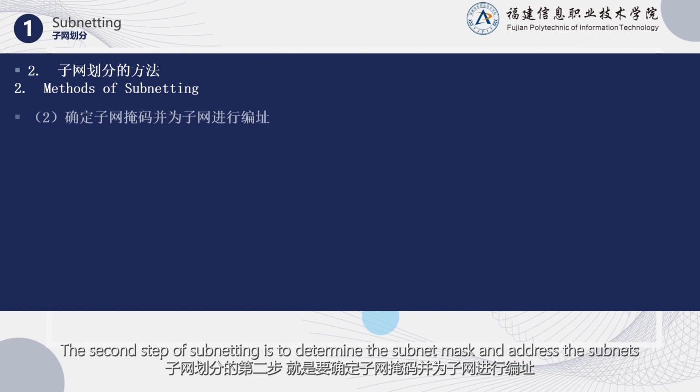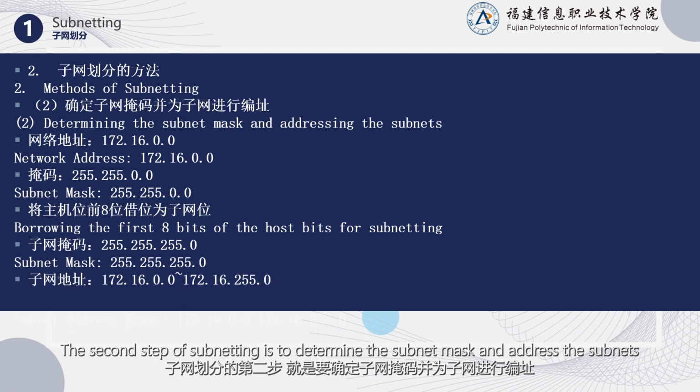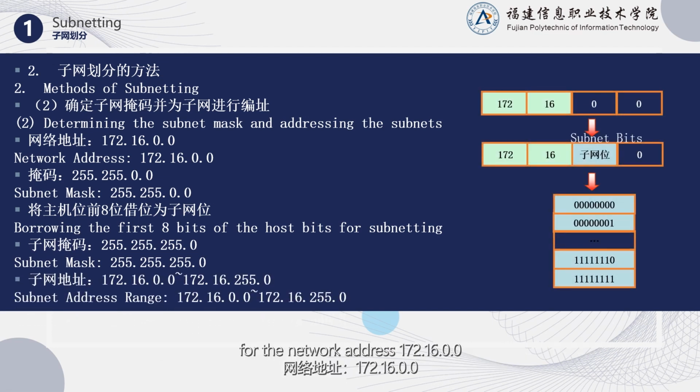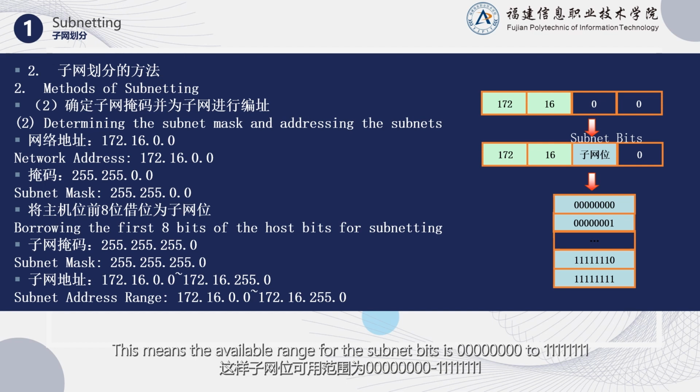The second step of subnetting is to determine the subnet mask and address the subnets. For example, for the network address 172.16.0.0, with a mask of 255.255.0.0, we will borrow the first 8 bits of the host portion for subnetting. This means the available range for the subnet bits is 00000000 to 11111111.